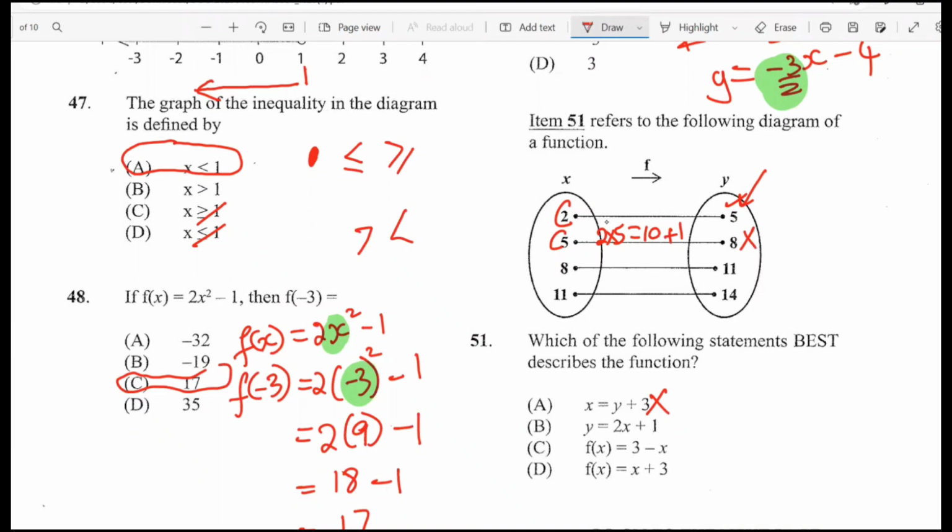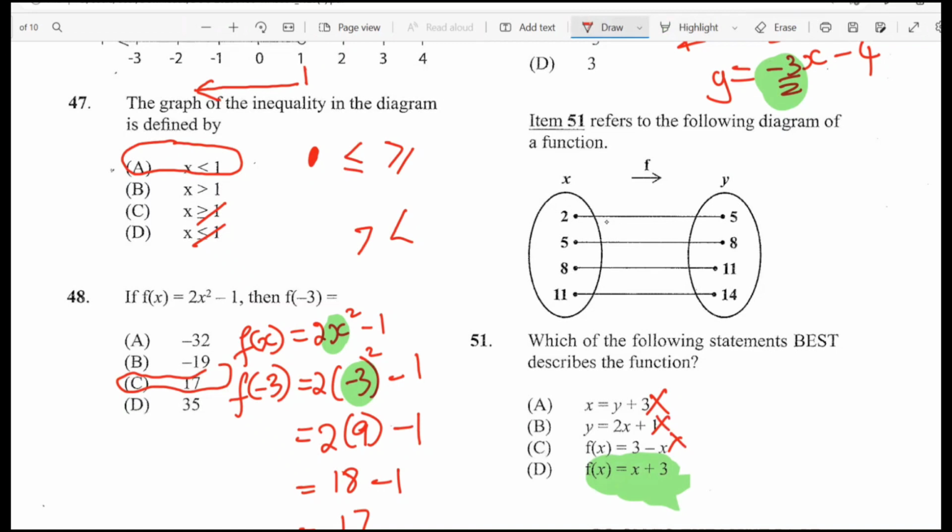The moment 1 is wrong, everything else is wrong. 3 minus x. Oh, so if I say 3 minus 8, do I get 11? No, that means this is incorrect. So by default, without checking, the last one is the answer, because in an elimination method, the moment you eliminated 3, then the last one is the answer.